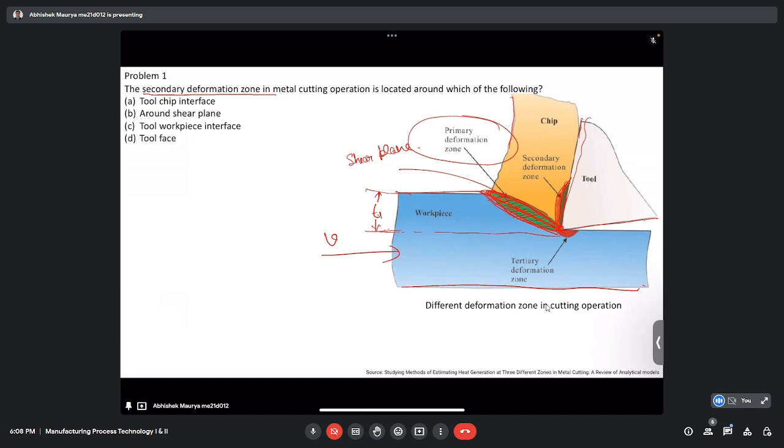Deformation in the secondary region happens because the workpiece material which keeps on coming, after getting sheared, changes direction, something like this.